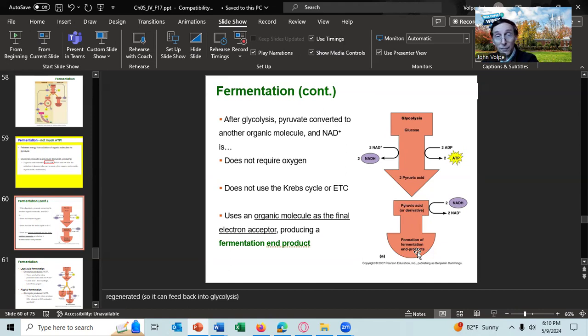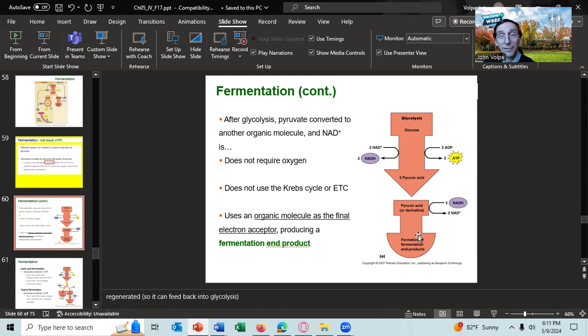You don't need to know the final electron acceptor for fermentation, but my point is we do have a final electron acceptor, and that electron initially came from glucose. Flowed, that's the word I was trying to say. Which I guess flew is past tense of flown or whatever.